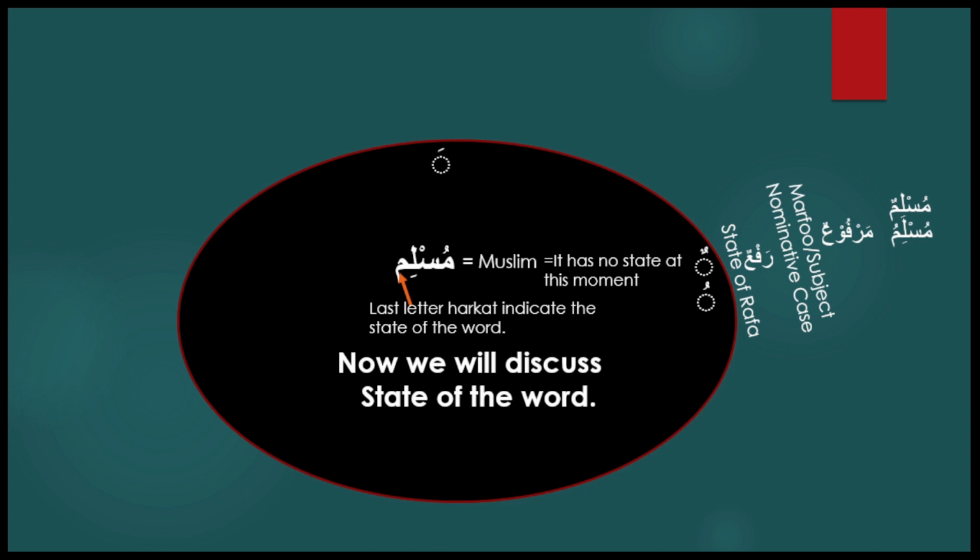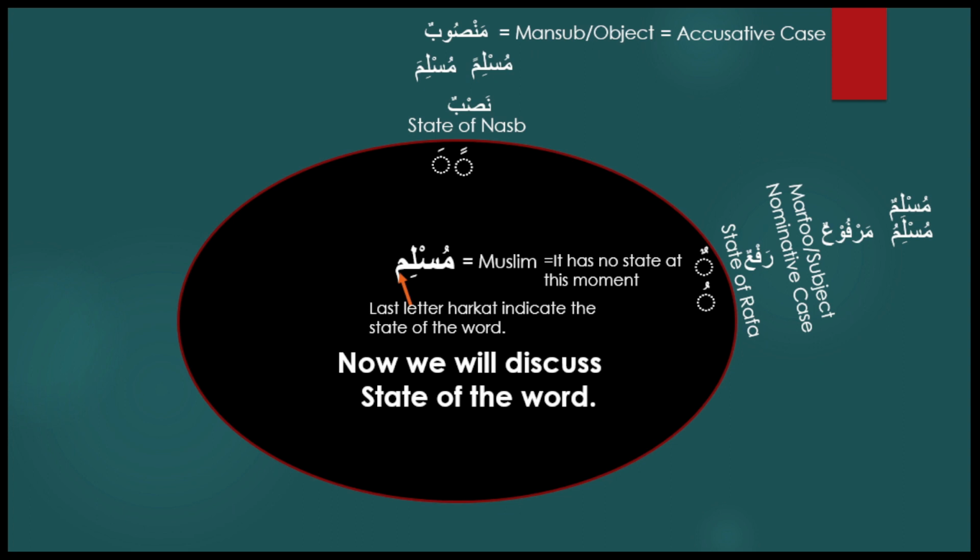It can also take fatha or double fatha. If so, it is called a state of nasab, and the word itself is called mansub, object, and the case is the accusative case, like Musliman or Muslima.